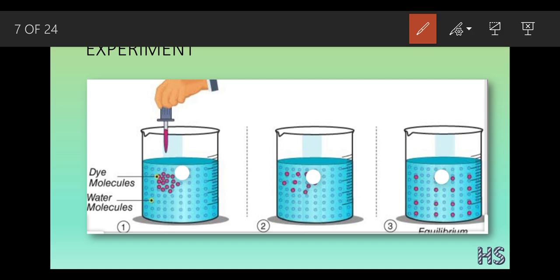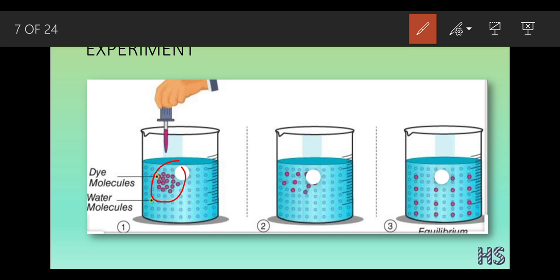I'm going to insert a drop of a dye solution, as you can see in the hand, inside the beaker, and the beaker is filled with water. When we insert this dye solution inside this beaker full of water, the molecules of the dye solution get concentrated in one region.